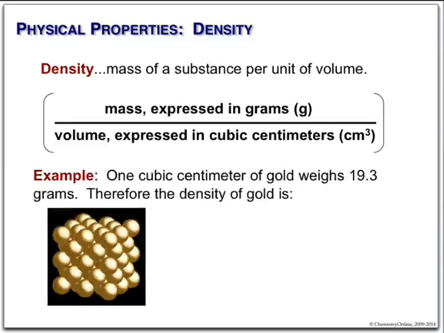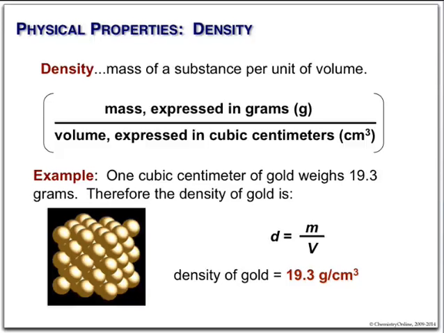Therefore, we could say the density of gold is simply its mass, 19.3, divided by its volume, which we said was 1 cubic centimeter, or 19.3. Again, the units are grams per cubic centimeter. Any questions?